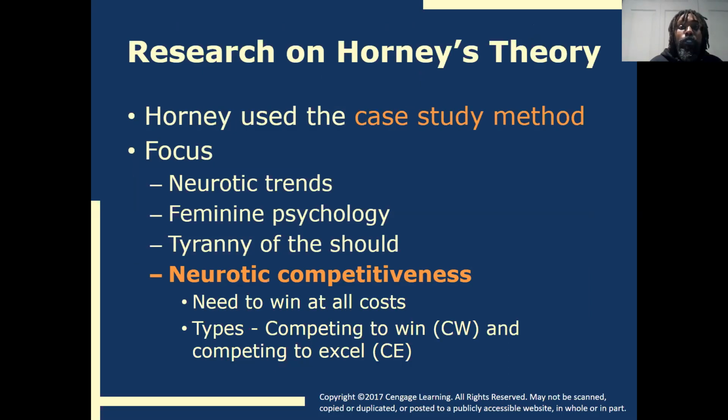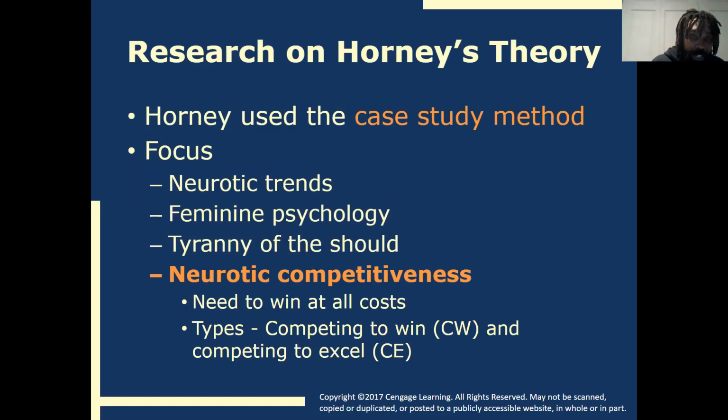So, research on Horney's theory. Horney used the case study method to conduct her research. The focus of her research was on neurotic trends, feminine psychology, the tyranny of the shoulds, and neurotic competitiveness, so the need to win at all costs.